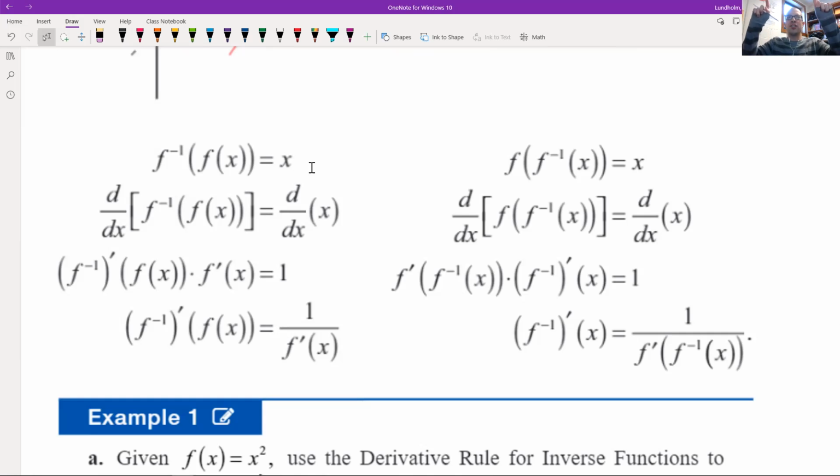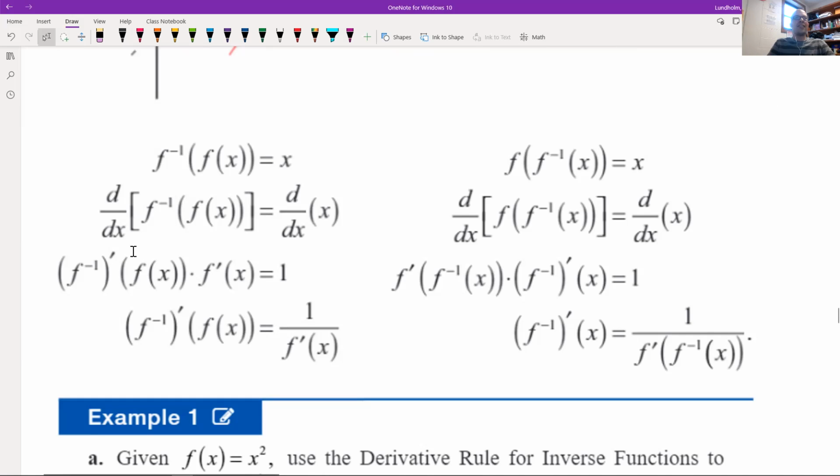But we get two different formulas for finding the derivative of inverse functions if we take these through and do implicit differentiation along the way, utilizing the chain rule. So on the left-hand side, we're taking the derivative of both sides, and taking the derivative of this part, we're doing the chain rule.